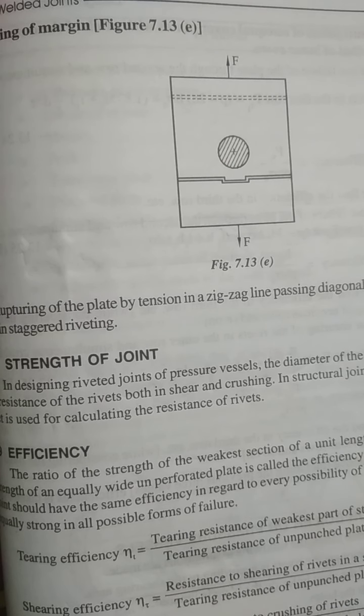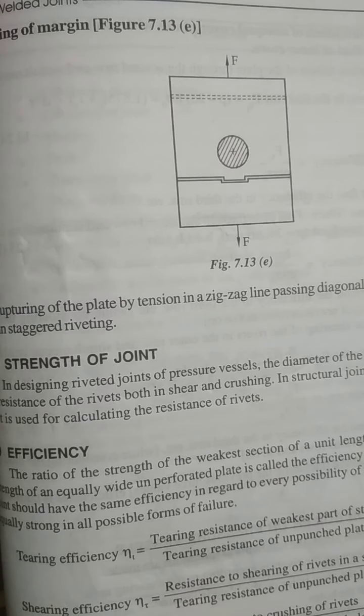Therefore, to find the efficiency of a joint, you have to find the lowest among these three strengths, divide by the strength of a solid plate, and you will get the efficiency.